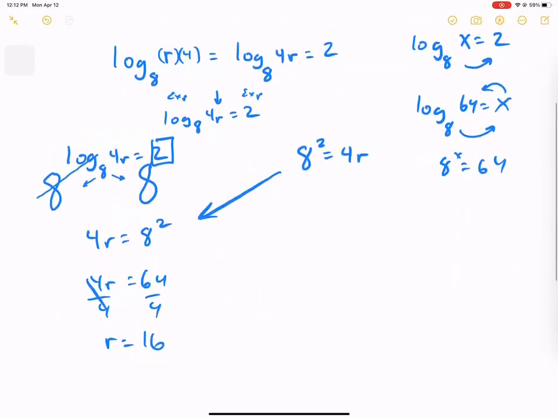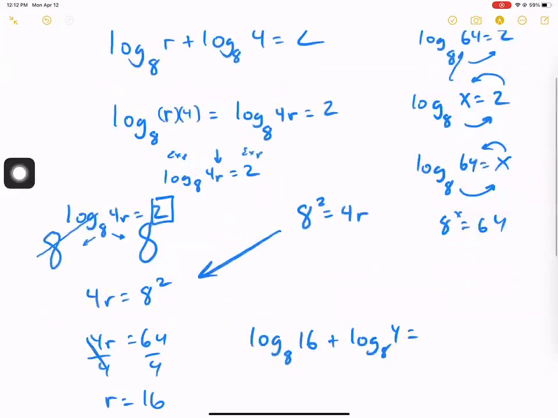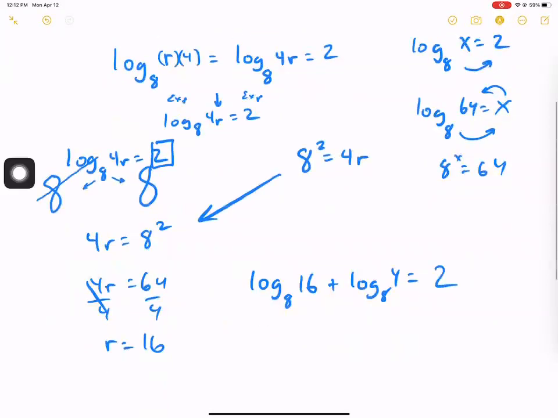Now, is this true? Is log base 8 of 16 plus log base 8 of 4 equal to 2? If you want to check this using a calculator, does 8 times 8 times 8 times 8 really become 16? Does 4 times 4 times 4 really become 4? Nah, they don't.